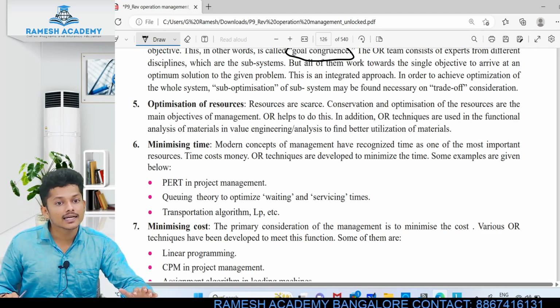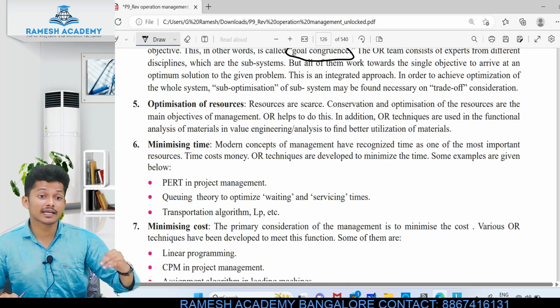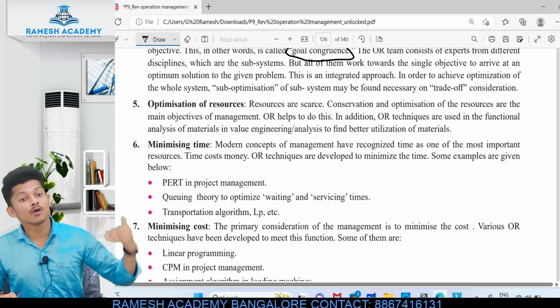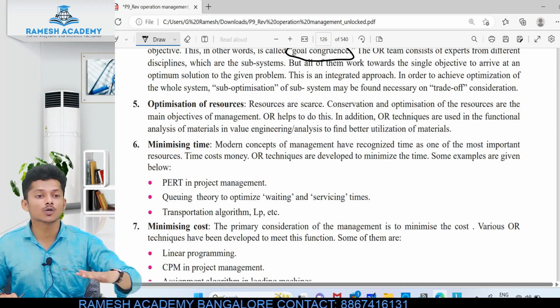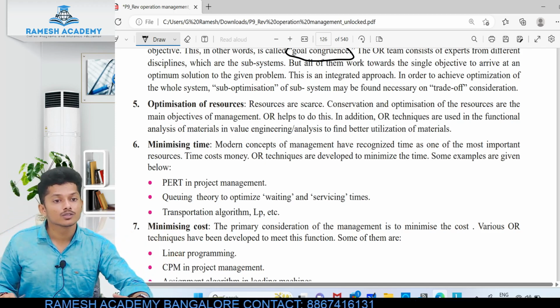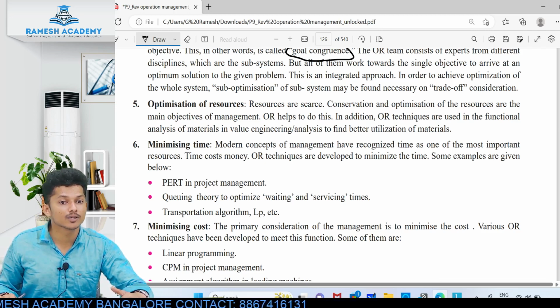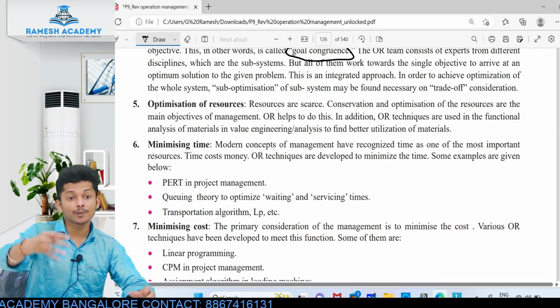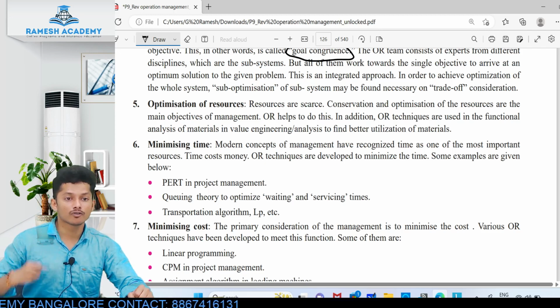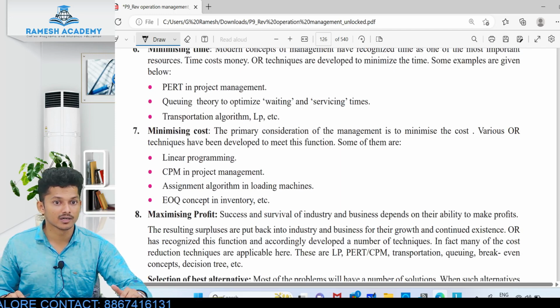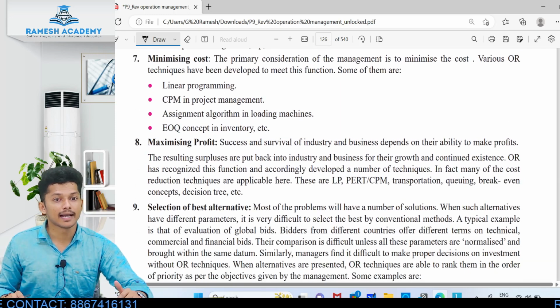And the time I was taking to complete the chapter earlier was almost 4 to 5 hours. Now the time I am taking is hardly 1 to 2 hours. Okay, so that is minimizing the time when you follow those. Okay, PERT, project timing, and by adopting the techniques in OR, you minimize the time, minimizing cost also again by using the techniques, and maximizing profit.